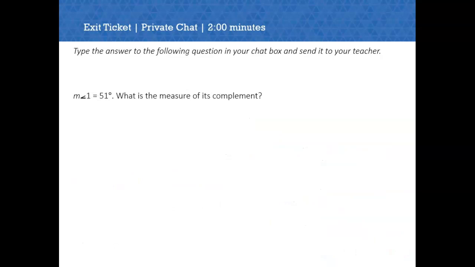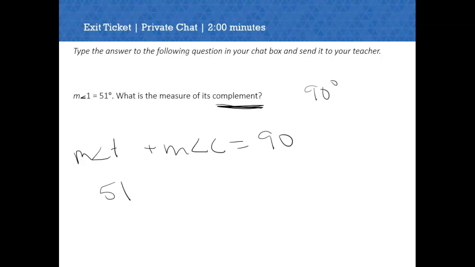All right, let's take a look at this one. The measure of angle 1 is 51 degrees. What is the measure of its complement? Complement means 90 degrees. So the measure of angle 1 plus the measure of its complement is 90. So 51 plus the measure of its complement equals 90.